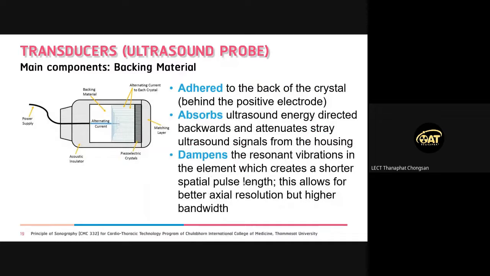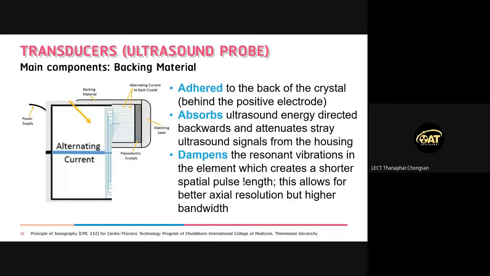Okay, the next part is the backing material. The main role of the backing material is supporting and fixing the overall electronic part in this probe or transducer, and absorbing reflected ultrasound and damping resonant vibration. In Thai, it absorbs energy, because generating ultrasound uses vibration, so this material helps reduce and support by not letting the vibration force be transmitted.